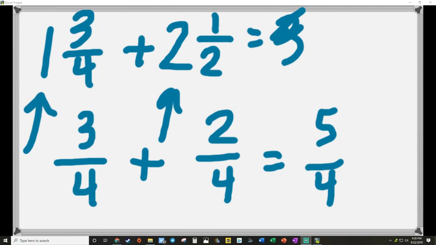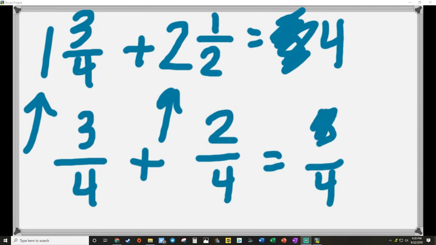So the 3 can actually become a 4 because we took a whole thing of 4s out of it. And by doing that, that leaves us with 1. So 1 3/4 plus 2 1/2. So the total distance between Edaville and Wallatown is 4 1/4 miles.